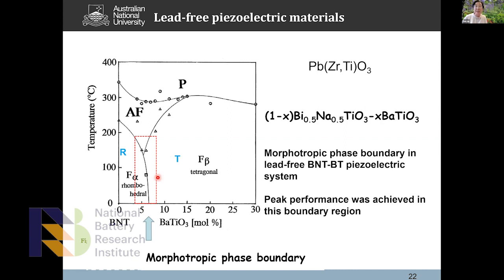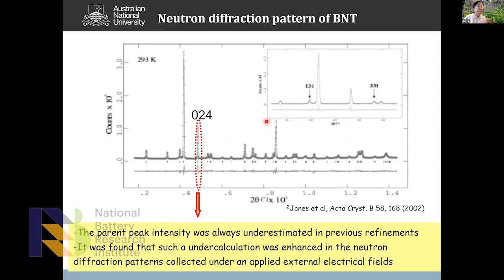And we came back to the structure analysis people had done before. We find that if we do the structure refinement, this is the highest peak. These curves reflect the difference between your fitting pattern and your experimental pattern. Generally, you expect the difference to be largest at this peak, but here it's not. This one is the largest.